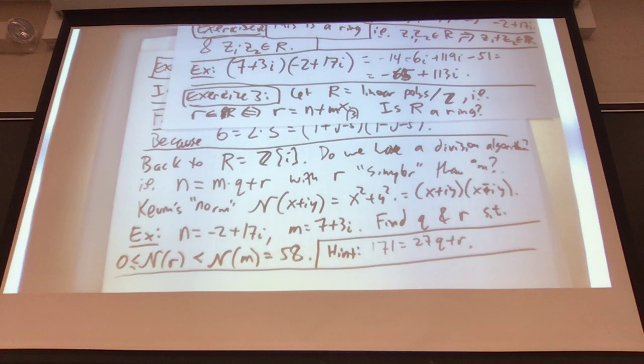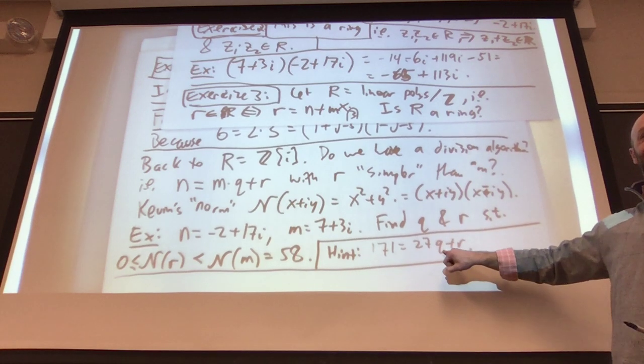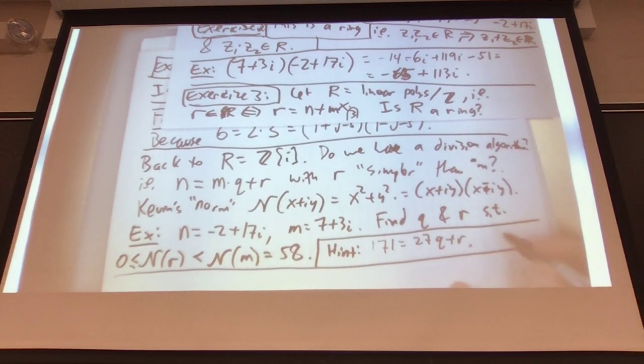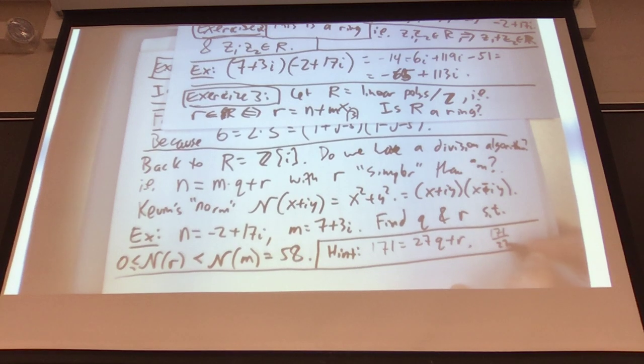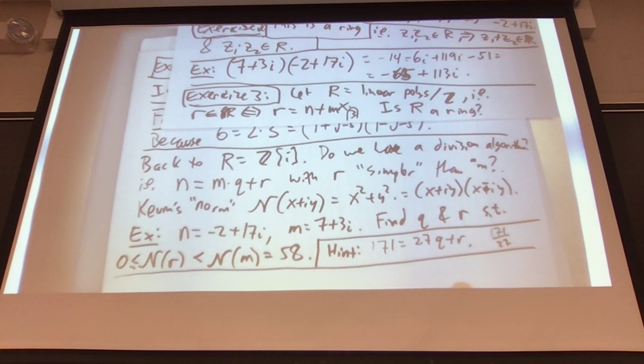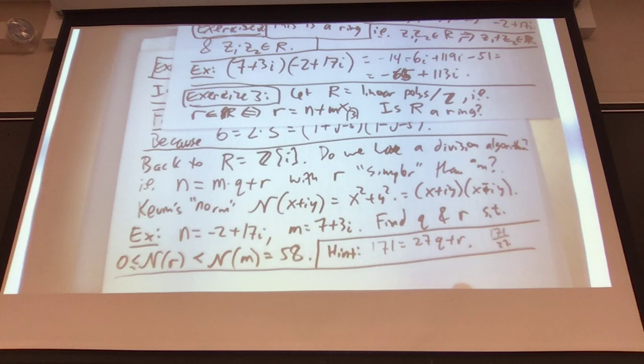Yes, you're trying to get 27 as close to 171 as possible, but less than it. We would just look at the number 171 over 27 and find the nearest integer to that. Q is the integer part. Q is the quotient, R is the remainder. Does that make sense?